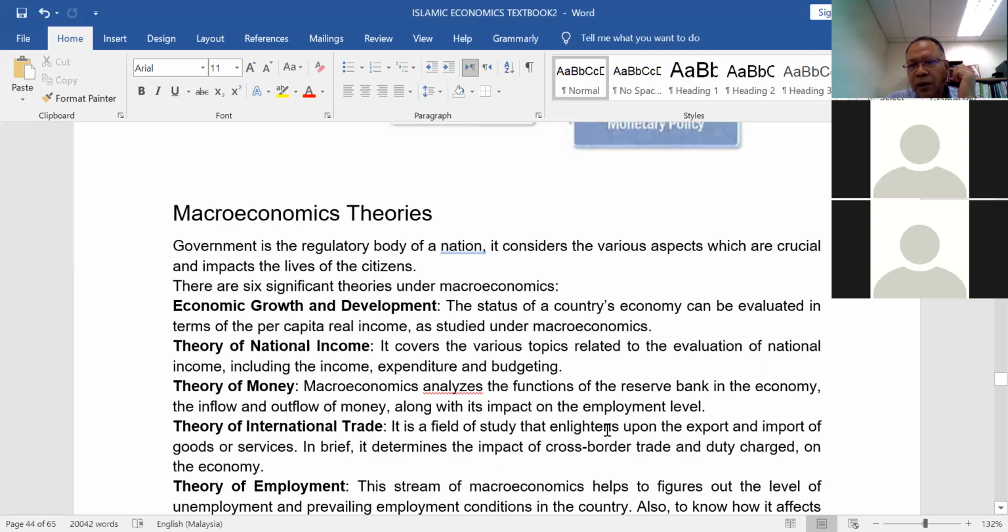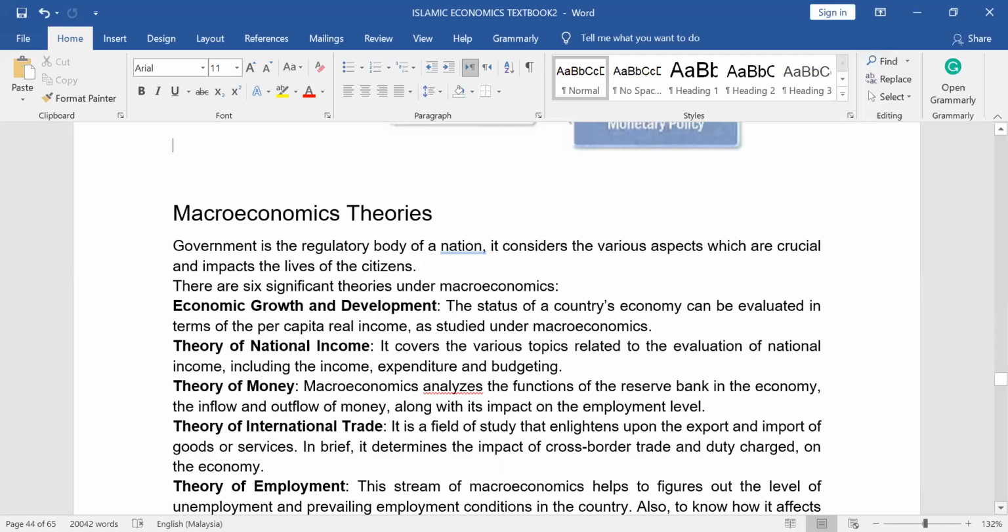So in the theory of international trade, we study the exports and imports of goods and services, and it determines the trade among various countries, and also what are the duties involved in international trade.